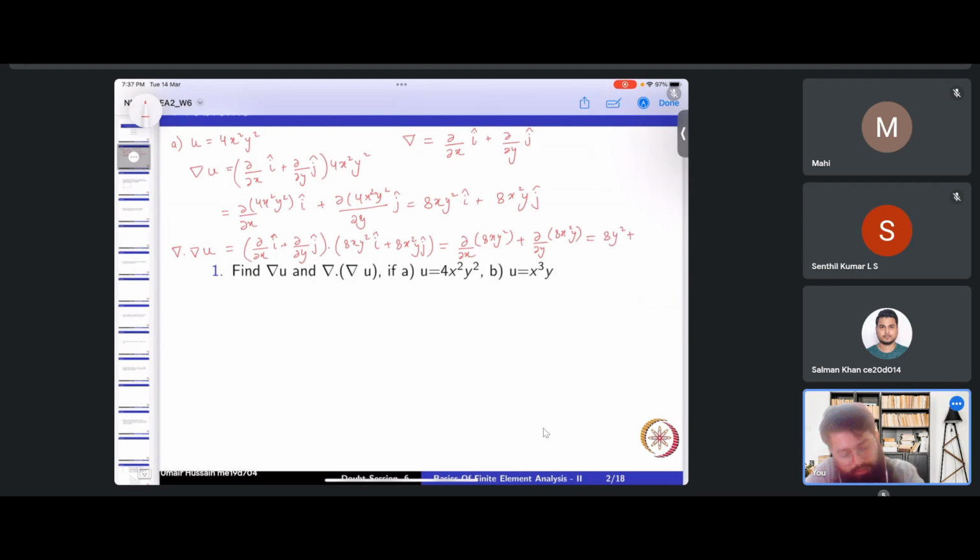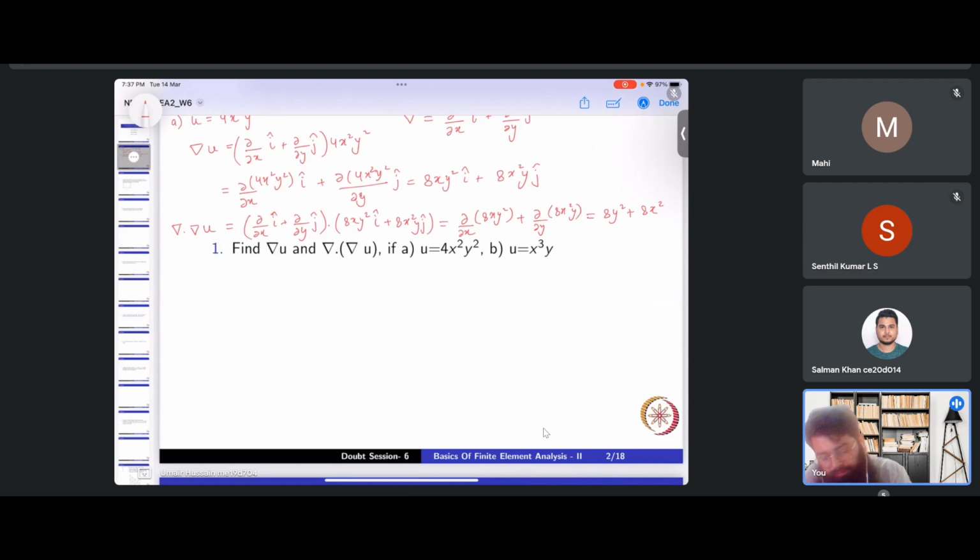For the second term, we get 8x square. We could write this directly as an expression also. This actually means the Laplace operator. So we can simply write dou square u by dou x square plus dou square u by dou y square.